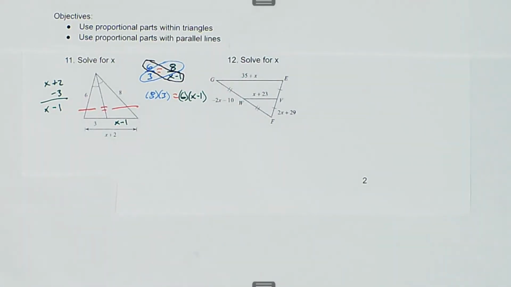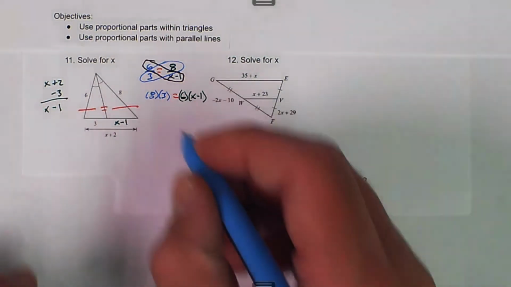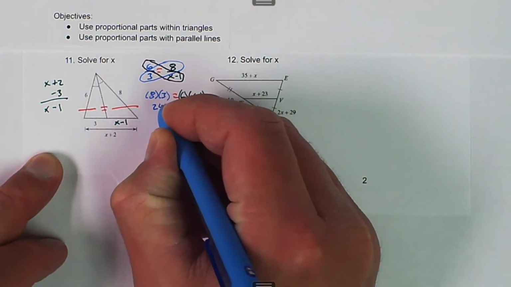Now on the left side, we can multiply those two together, and 8 times 3 is 24. So we get 24 there.